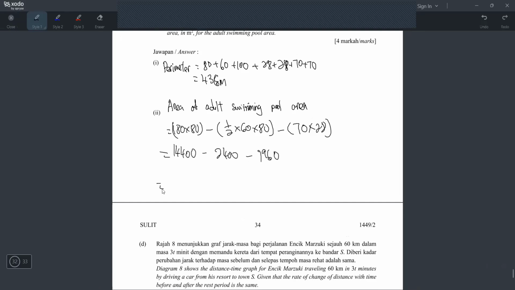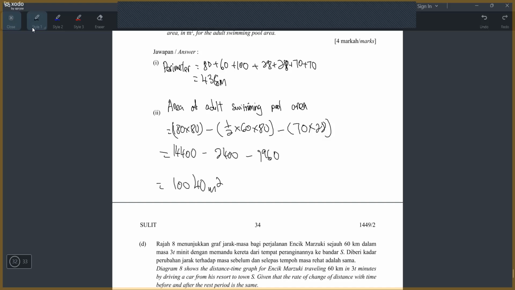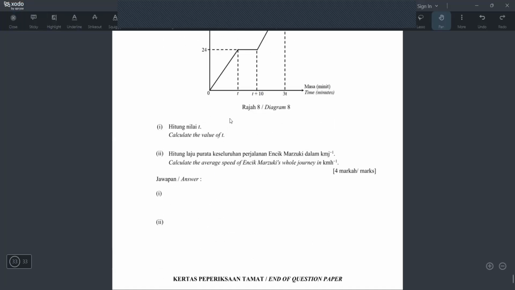And then minus some more. 14400 minus 2400 minus 1960. 10040. And since this is meter, it's meter square. Let me check. Okay, still good.